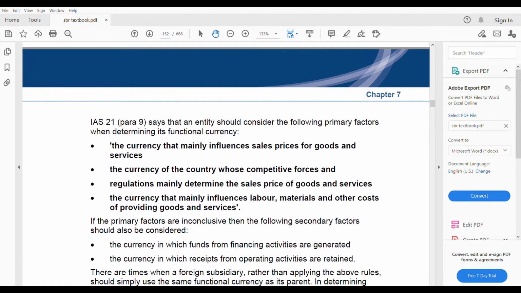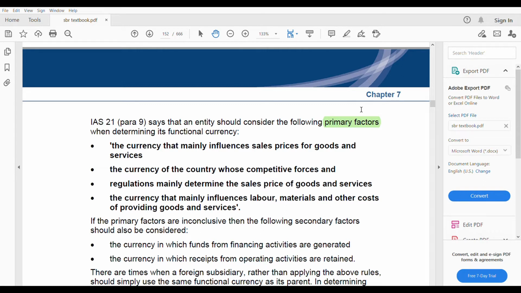Next, these are some of the factors, okay, which you need to know. If you can memorize these points, even better, because these are exactly the same points that you have to write in the exam. If they ask how to determine functional currency, and definitely this question is always asked, these are known as primary factors to decide whether it is the functional currency or not.